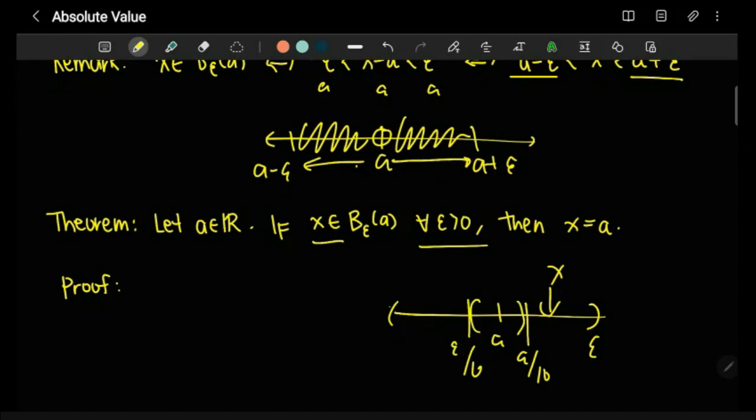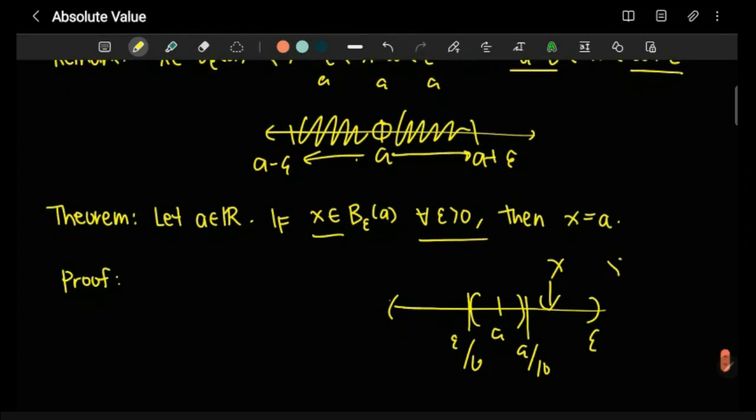So x is no longer in it. X does not belong to this neighborhood. So although x belongs to the ball centered at A with radius epsilon, x does not belong if we make, let's say, a specific epsilon such that when you divide by 10, x is gone. Well, you can make the denominator as large as you can until such time that x is no longer in the neighborhood. So it can happen.